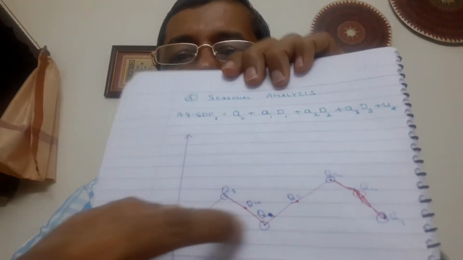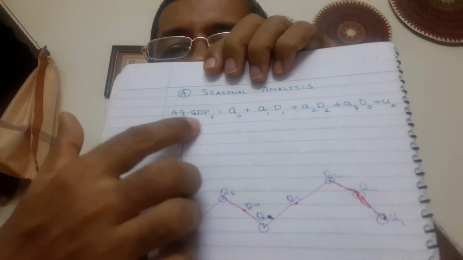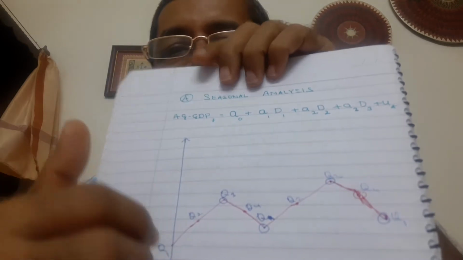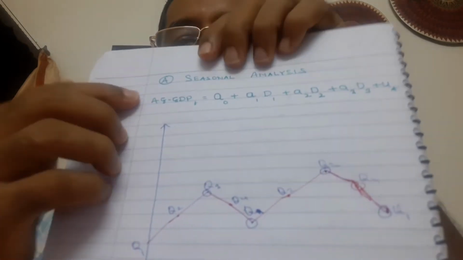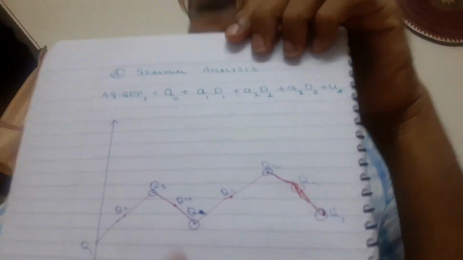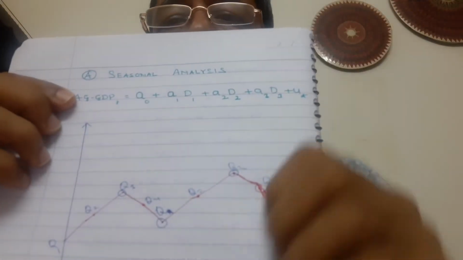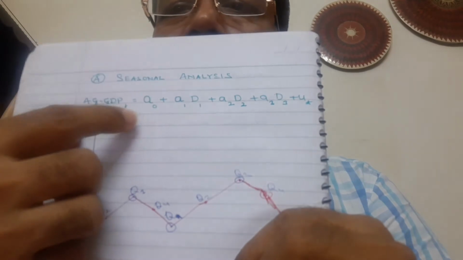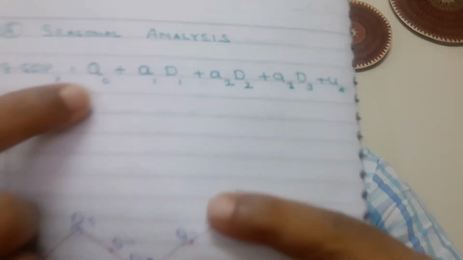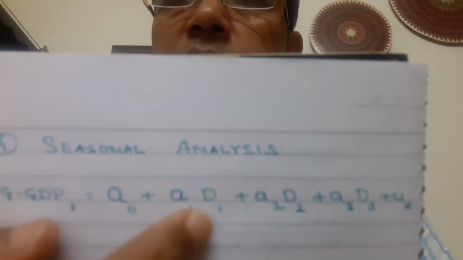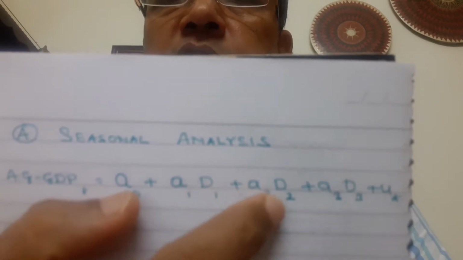So this graph which I showed you, say this data is for agricultural GDP, which I'm writing as AGGDP. So if you have agricultural GDP, we can test whether seasonality is there or not using this type of model, where my model is A0 plus A1 D1 plus A2 D2 plus A3 D3 plus Ut.